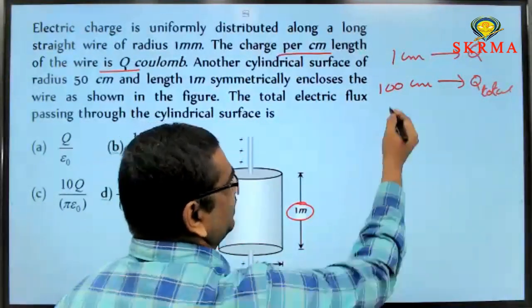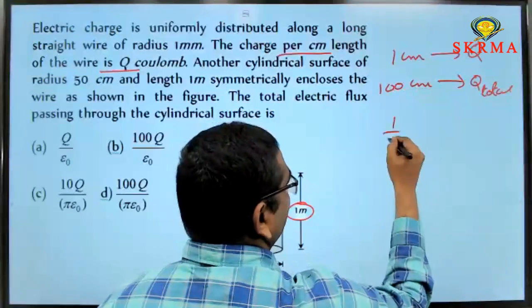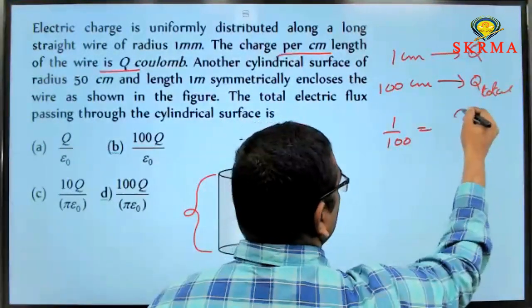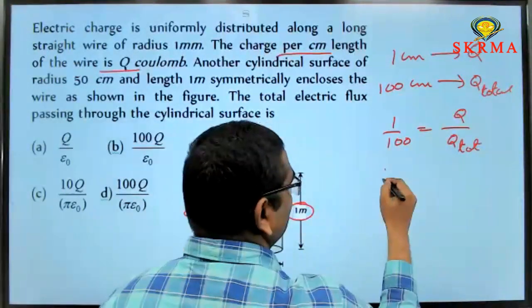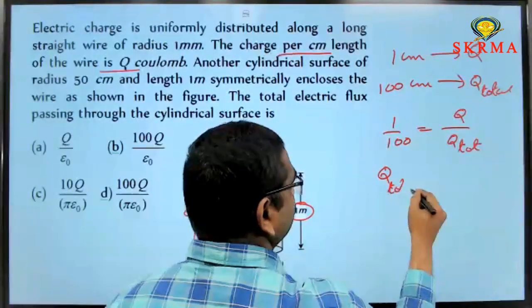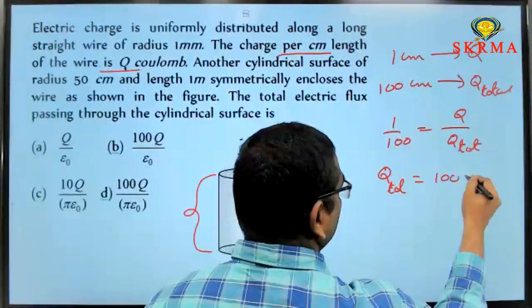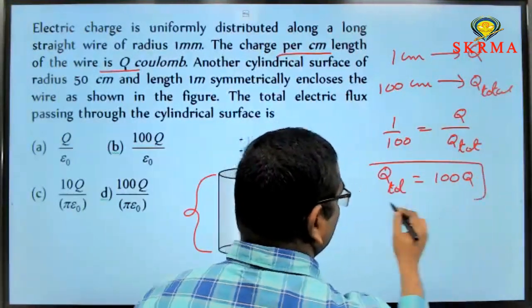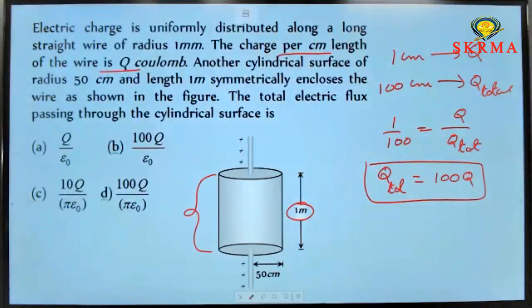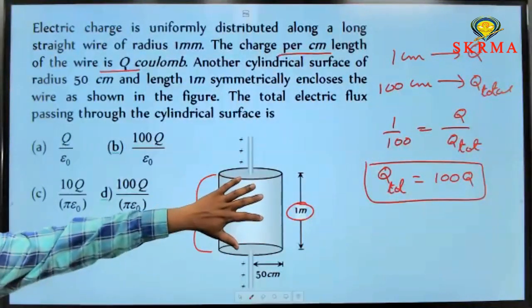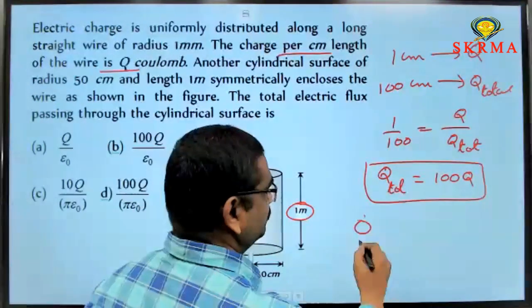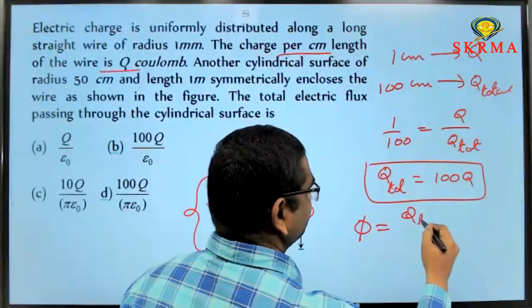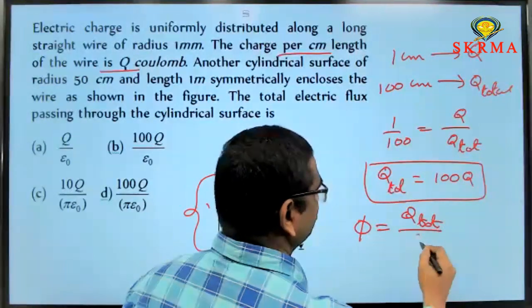Take the ratio between these two: 1 by 100 equals Q by Q total. So Q total equals 100 into Q. That is the charge enclosed by this surface. Now the flux formula is Q total by epsilon naught.